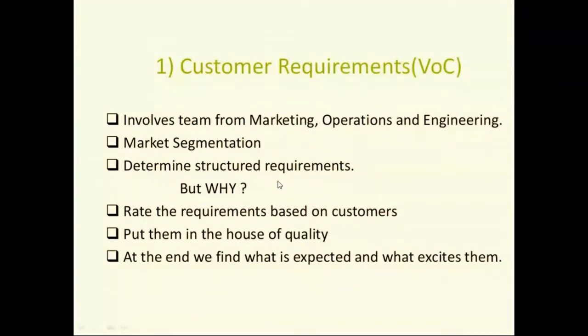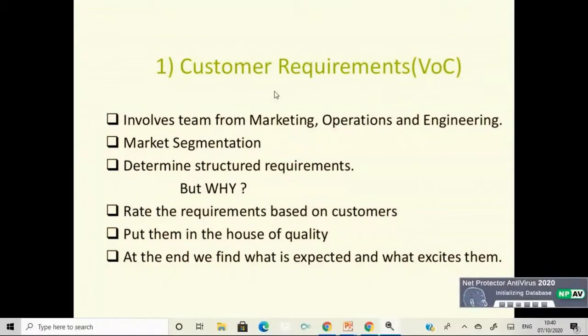Then you will structure the requirements and find out why you require those needs. Is it important? Then you will rate the important requirements based on the customers. Then you put it in the house of quality. And at the end, you will know what is expected and what is exciting the customers. So this is the sequence of steps for calculating the customer requirements.